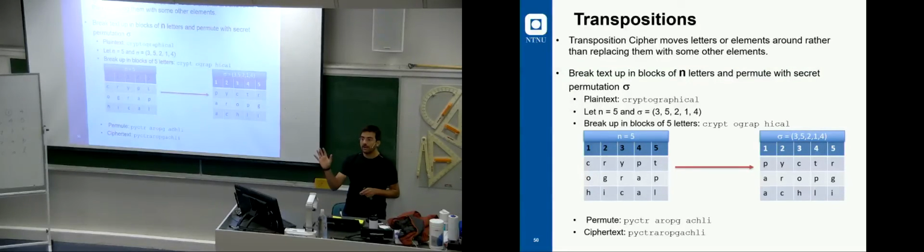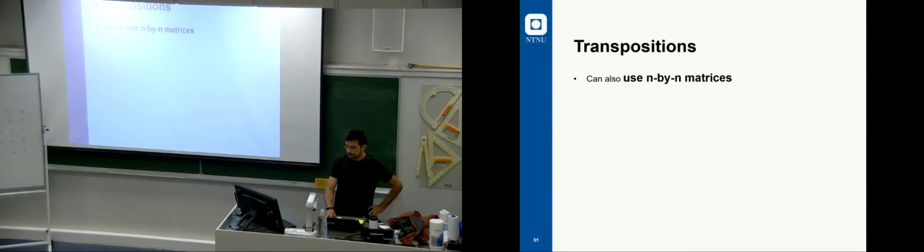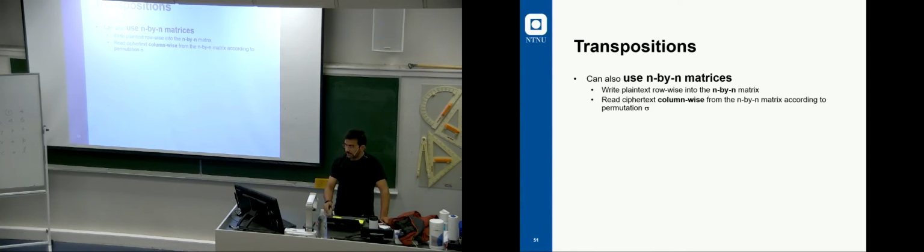We have n, which is actually the length of the block. Then we have a permutation function, which is actually a pattern of those blocks. Then I can convert that back into my permutation ciphertext. We can also use an n by n matrix, in which we can write in the same way.